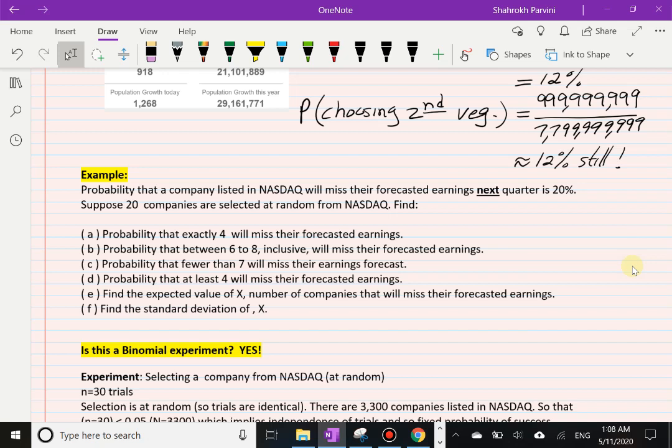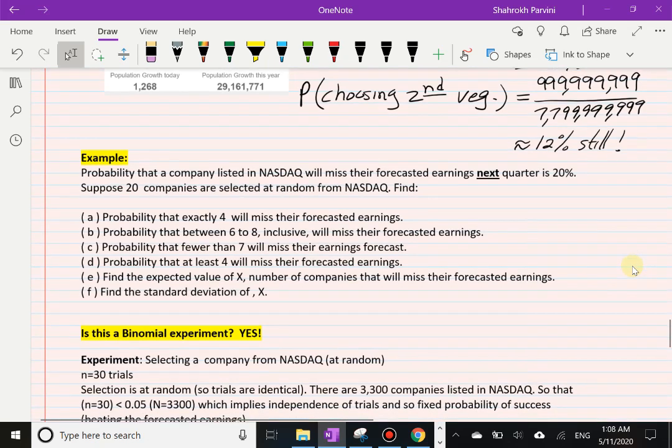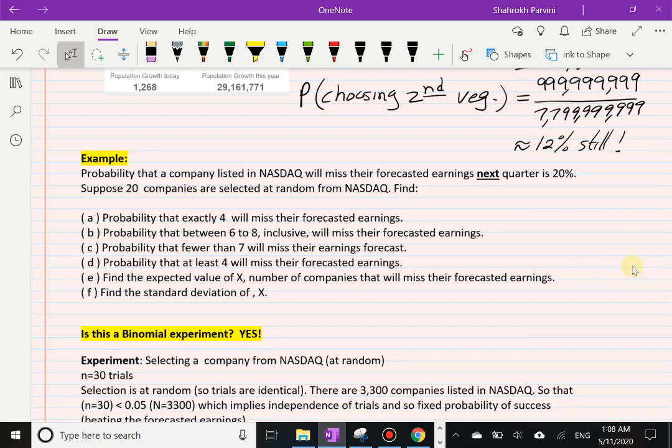Okay. Now, there are 3,300 companies, I believe, or on or about that, right now listed in NASDAQ. So if I look at the ratio of little n to capital N, 30 is definitely less than 0.05 times 3,300. 5% of 3,300, I believe that's 165. And 30 is less than 165.